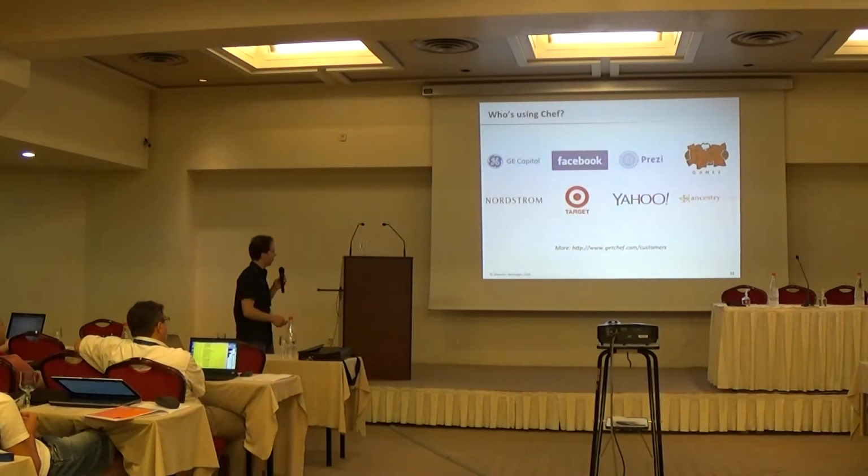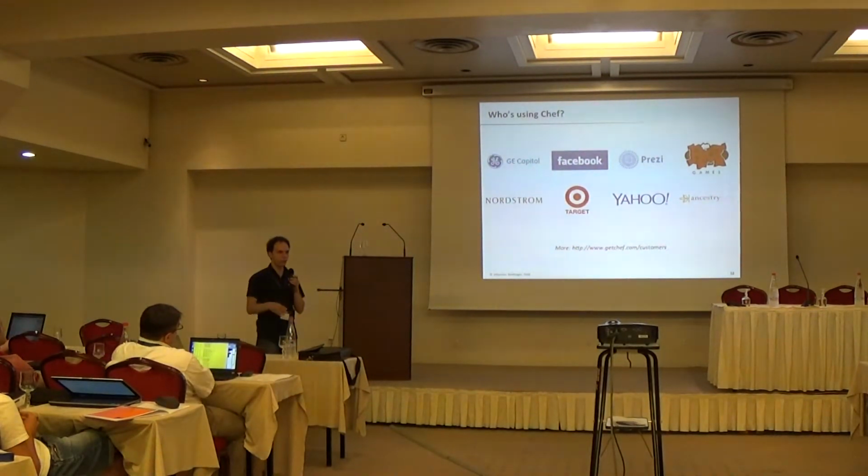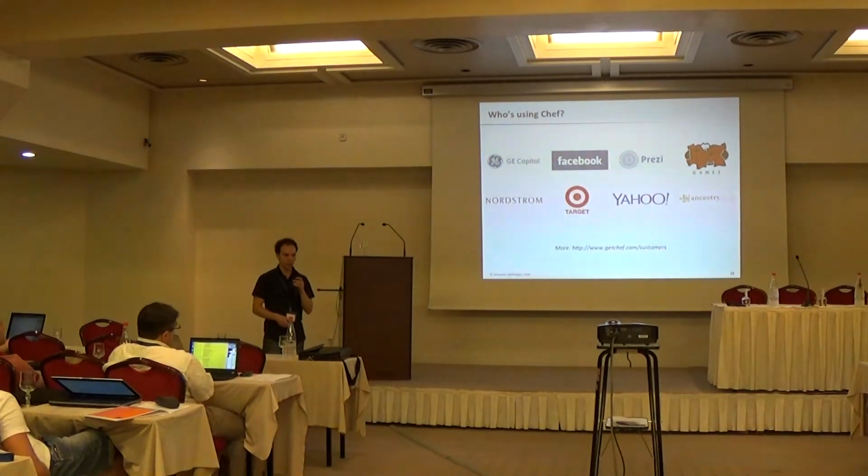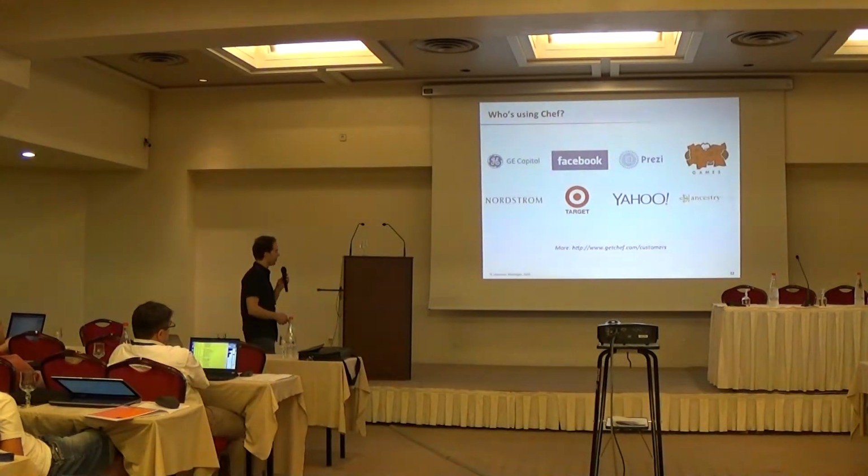Who is using Chef? There are a lot of companies that are using Chef in production, like Yahoo. Facebook is a big example. On the Chef website you find a nice video where someone from Facebook explains how they are using it to manage thousands of machines. It's amazing to look at.